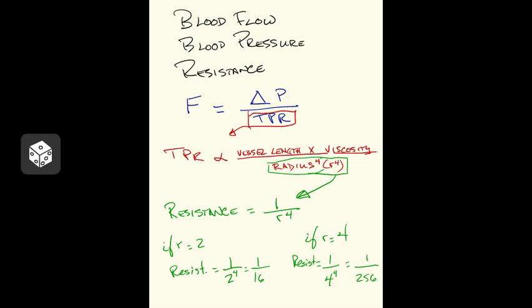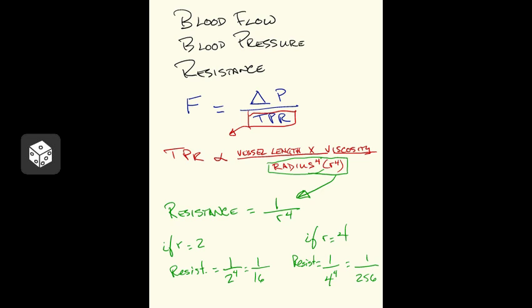TPR stands for total peripheral resistance. So we are going to take a look at the influences of resistance. In other words, we're looking at the sum of the resistance in all of the blood vessels throughout the periphery.